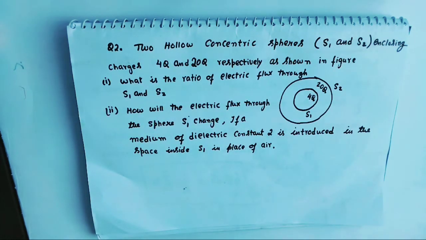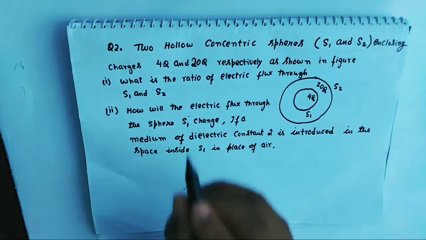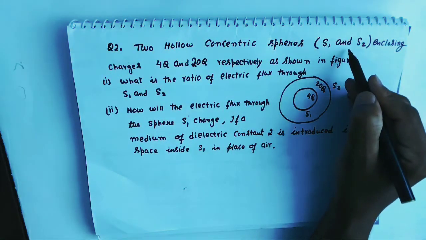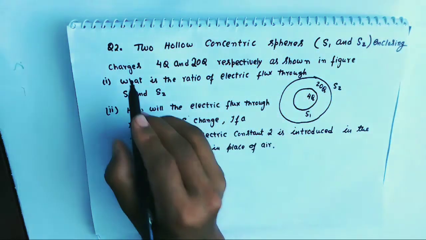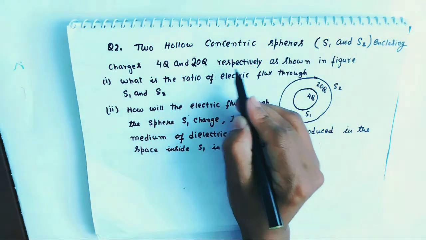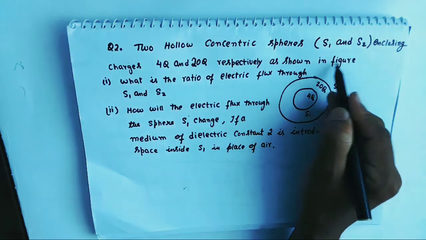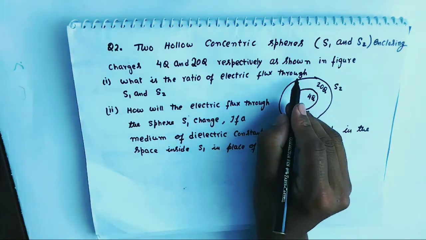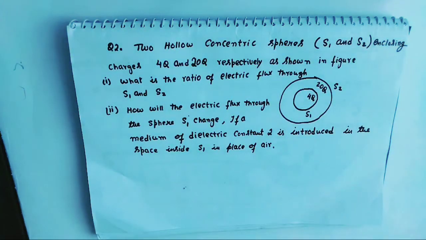So now, let us solve this problem. The question says, two hollow concentric spheres S1 and S2 enclosing charges 4q and 20q respectively as shown in figure. The first question says, what is the ratio of electric flux through S1 and S2?